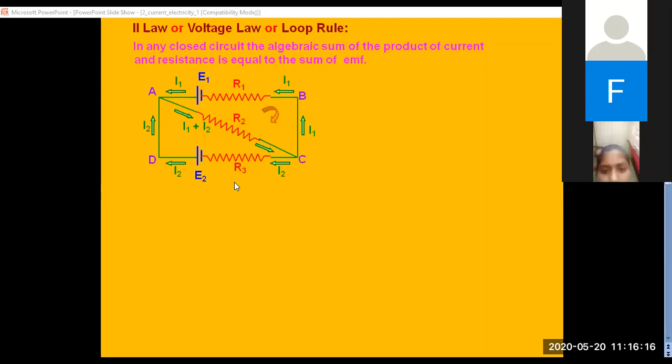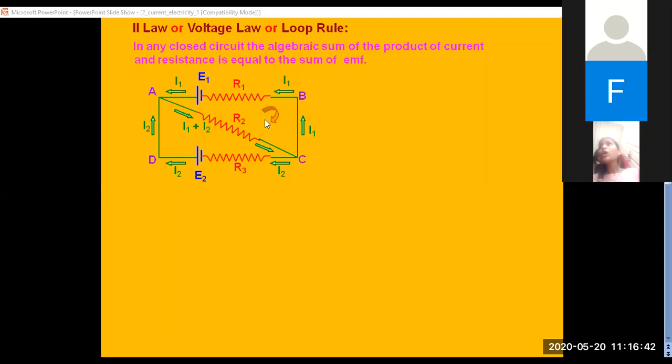We can assume whether current is flowing in clockwise or anti-clockwise direction. Don't get confused. In your clock, after 12 you have 1, 2, 3, 4. If it's moving in that direction, we call it clockwise. If it is moving in the reverse direction, 12, 11, 10, 9, then we call it anti-clockwise direction.